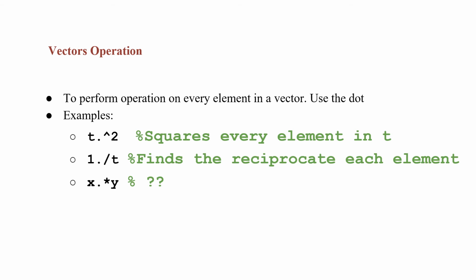What we just saw is simply adding vectors together, and we said they have to be equal in size. But if we intend on, for example, raising each element in a vector to power 2, then we must put the dot before the operator.